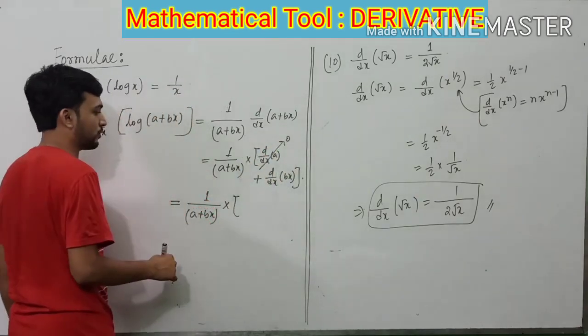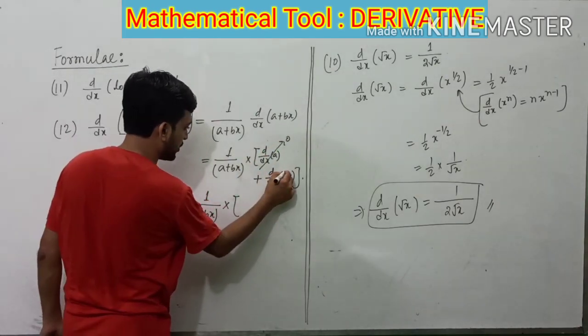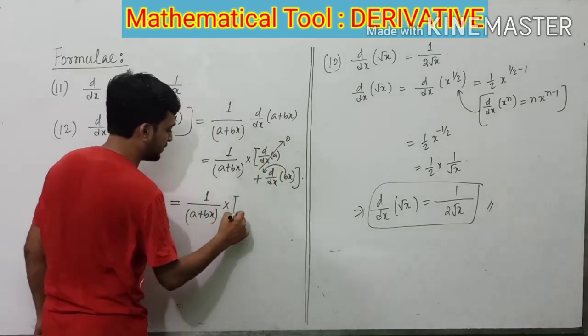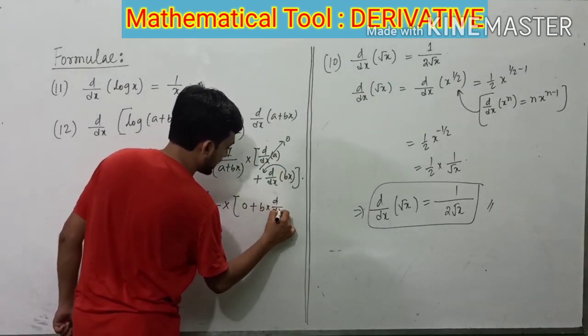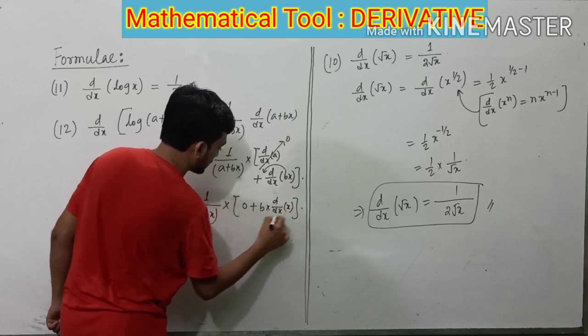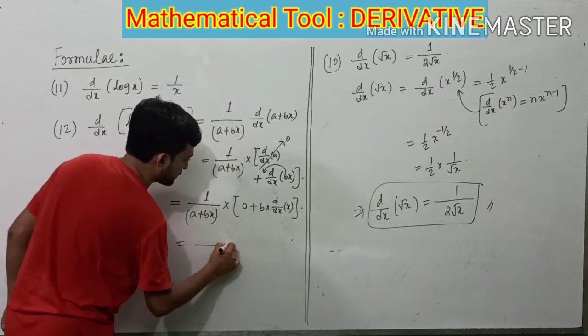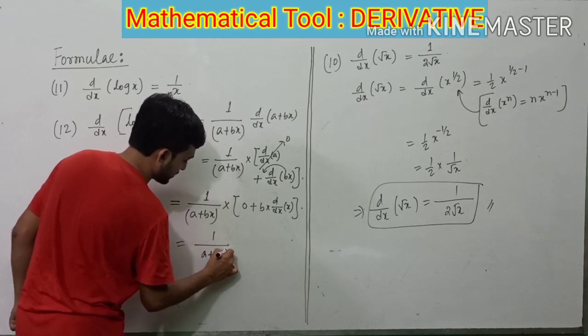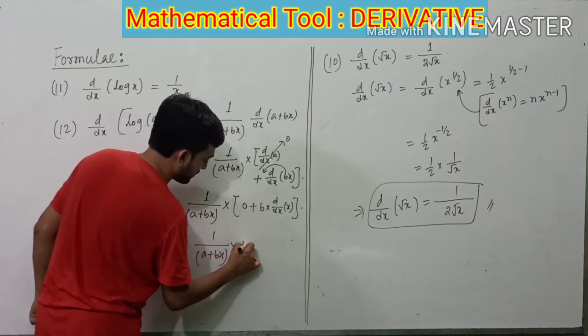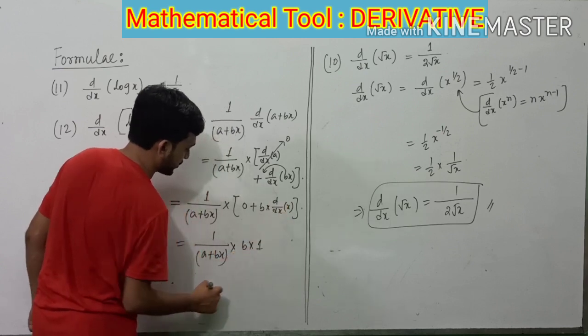A we are considering constant, b is also constant, so b will come out of the derivative. 0 plus b multiplied by d/dx of x, so we have to write 1 by a plus bx multiplied by b into d/dx of x equal to 1.